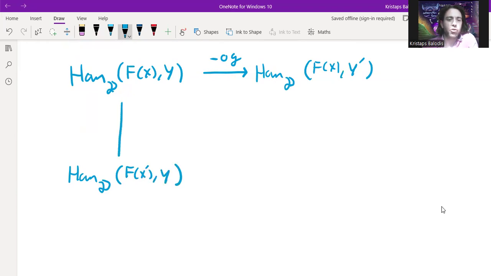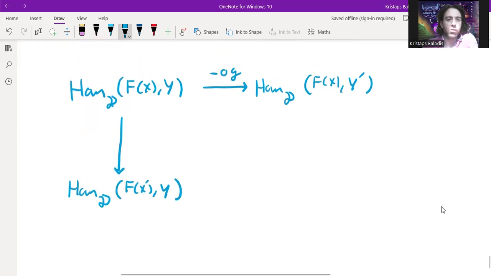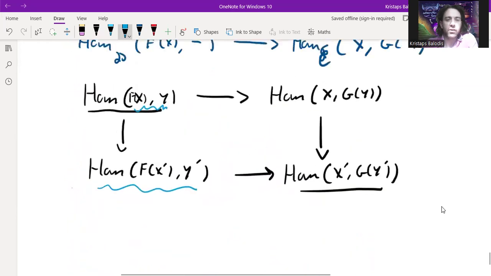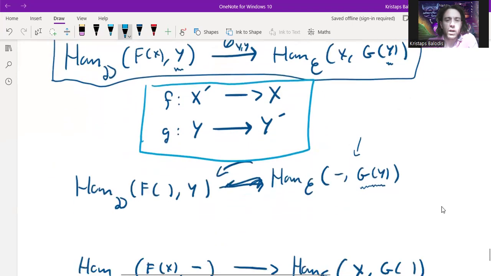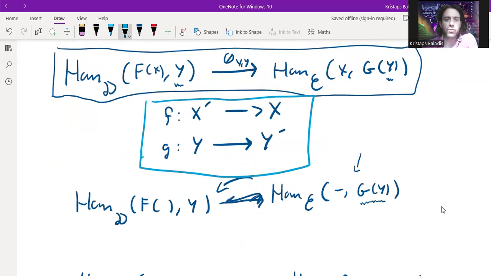So what's that map going to look like? Well, remember that first I have f going here. So then that means that my F of f goes from F of x prime to F of x. But then now that gets flipped around, right? Because what I'm going to do next is apply the contravariant Hom-functor.